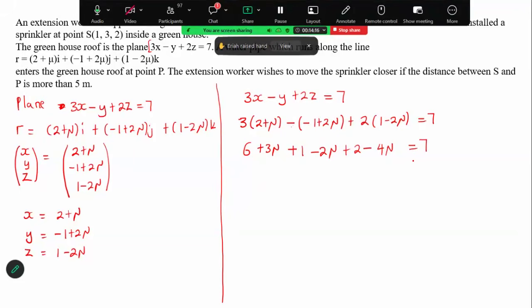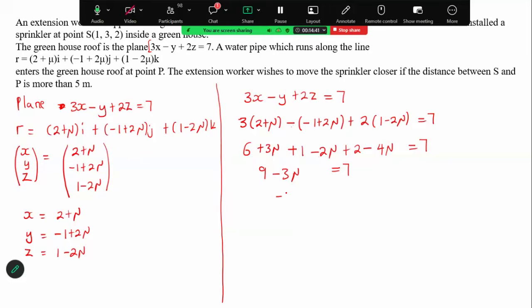Now at this point, you are going to collect your like terms. We have 6 plus 1, which is 7, plus 2, which is 9. So we shall have 9. So 3 mu minus 2 mu minus 4 mu, that is negative 3 mu, equals to 7.